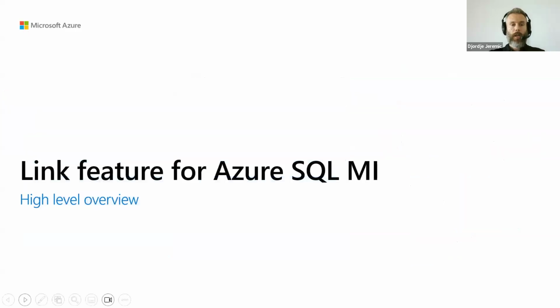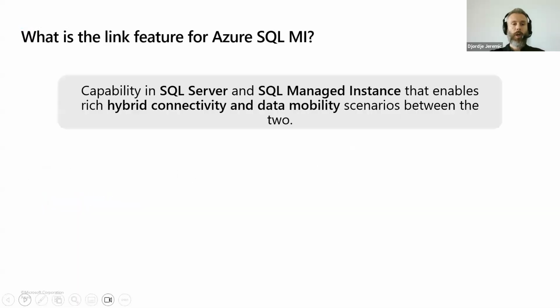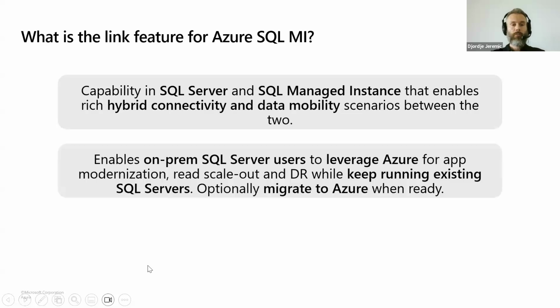Okay, so link feature for Azure SQL MI. What is link feature for Azure SQL MI? We created this capability in both SQL Server and SQL Managed Instance to enable the two to connect and then make certain data mobility scenarios happen between the two. If you're on-prem, let's say a SQL Server user, you can use this feature to leverage Azure.